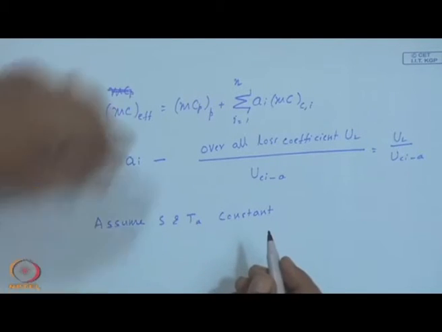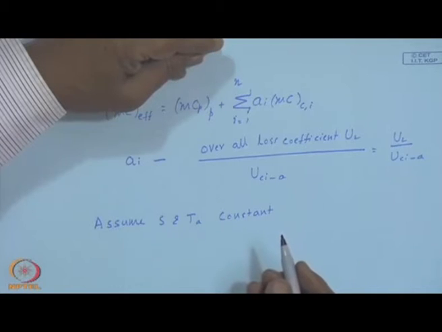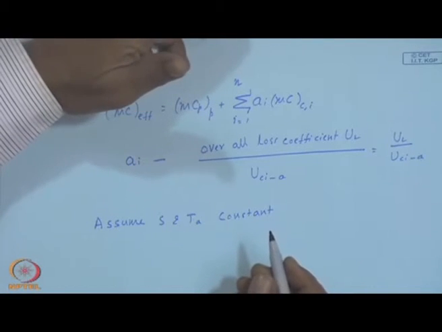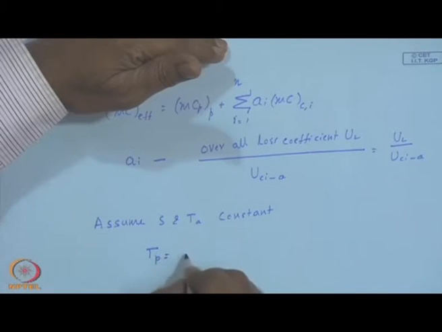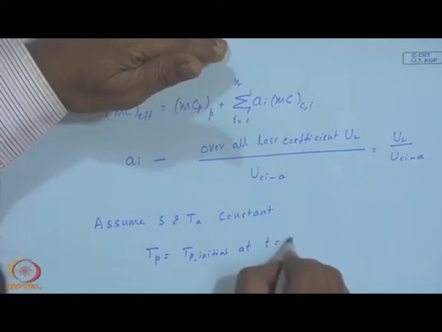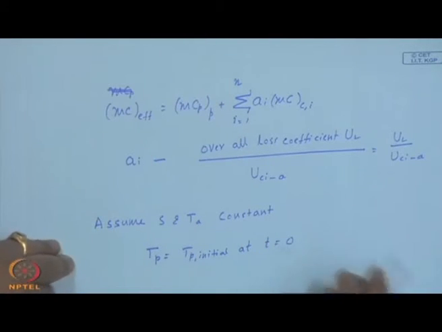It is exactly like a conventional system where you are heating it, and the initial condition will be T P is T P initial at time t is equal to 0.